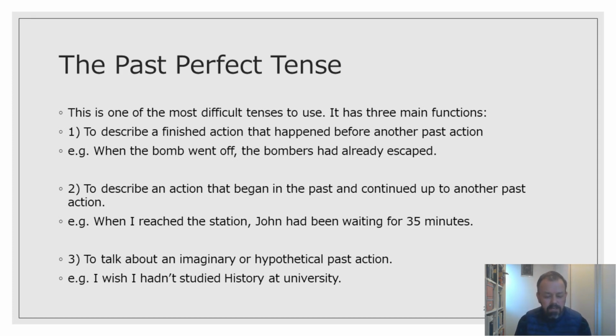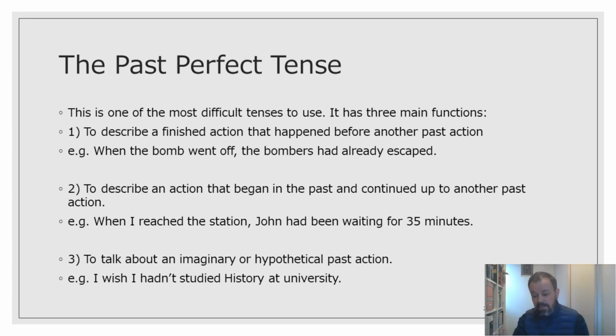Number two, we can describe an action that began in the past and continued up to the time of another past action. And this is basically the past perfect continuous form. When I reached the station, John had been waiting for 35 minutes. So when you reach the station, John is still waiting.